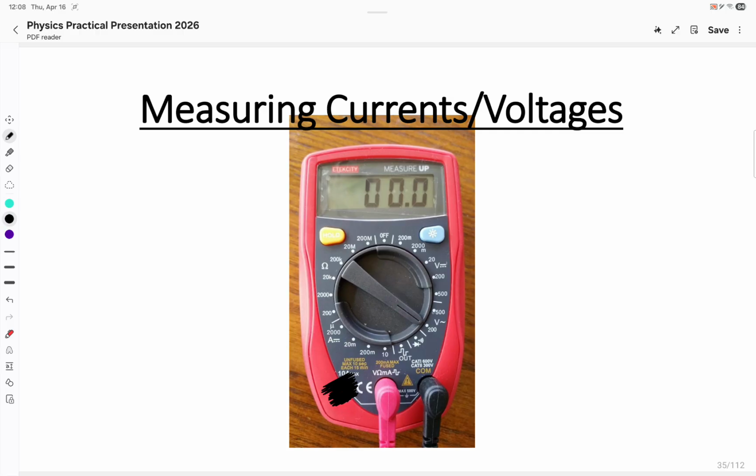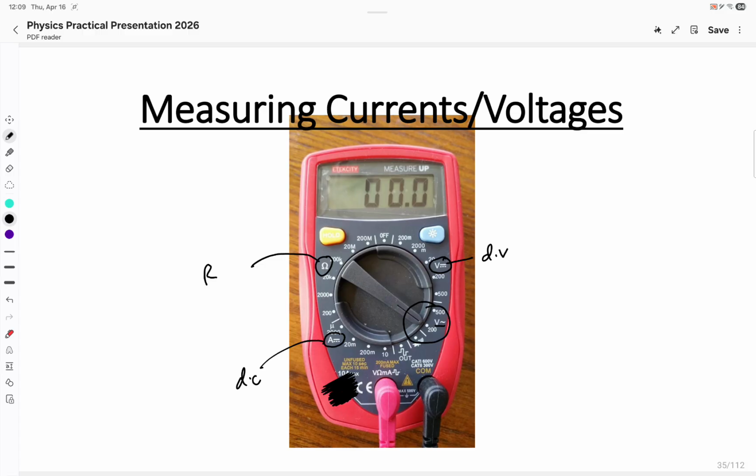Right now the dial is on a symbol for alternating voltage, which is not part of the AS syllabus. But anyway, V with a bar, this is called DV, a direct voltage. A with a bar, DC, direct current. Ohms for resistances.